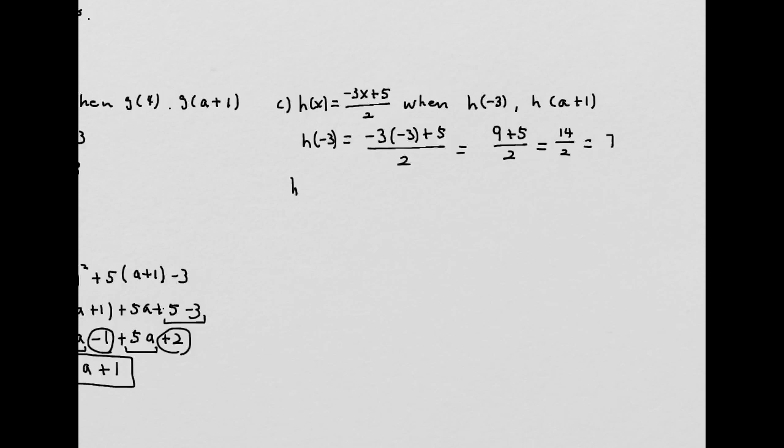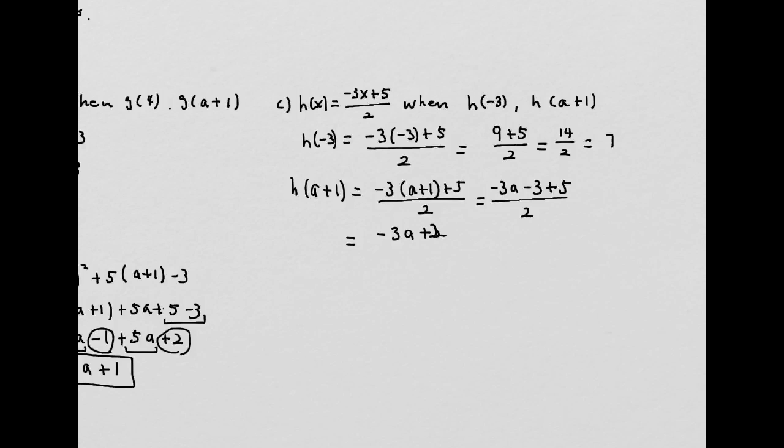And when we replace with a plus 1 this time, you get negative 3 times a plus 1 plus 5 over 2. We need to distribute the negative 3, and then combine the like terms.